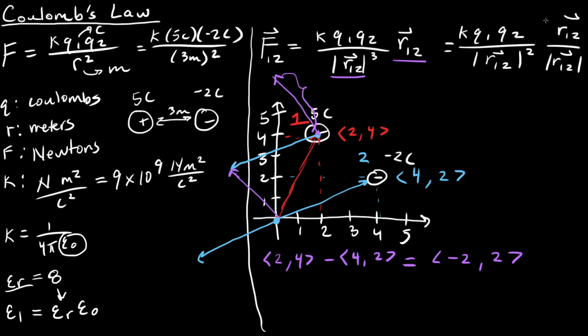What this leads to is the unit vector r hat. The unit vector is a vector that has a magnitude of 1 but points in the same direction as this purple vector. So the unit vector will look something like this. It just has a magnitude of 1 and points in the same direction.